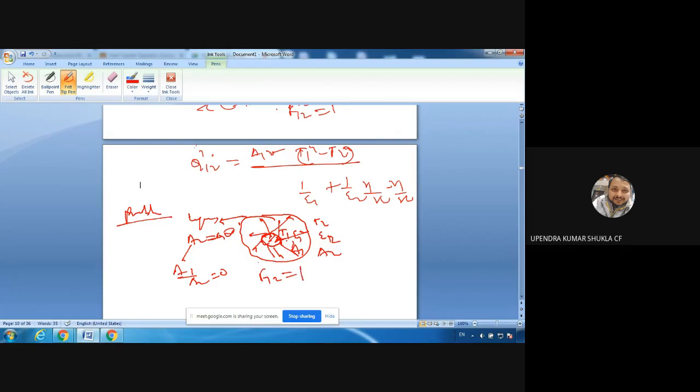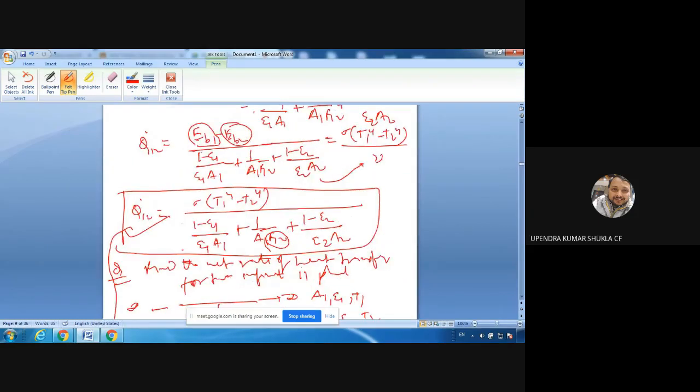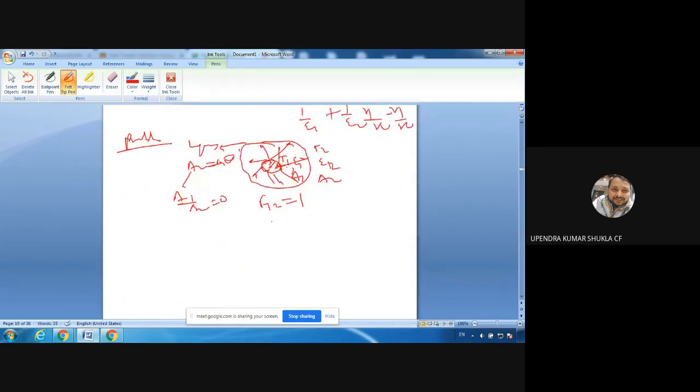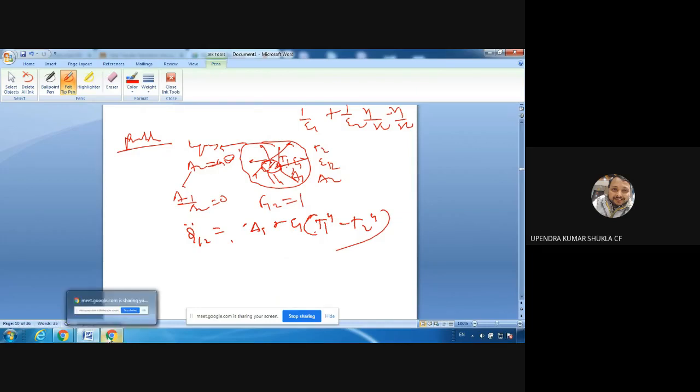Once you put these two things in the equation, since F12 is 1 and A1 by A2 is equal to 0, you will get the equation I am writing here. Q12, the net radiation, is A1 sigma epsilon 1 (T1 to power 4 minus T2 to power 4). So at this point I have finished the radiation lecture in full scope. Okay, thank you so much.